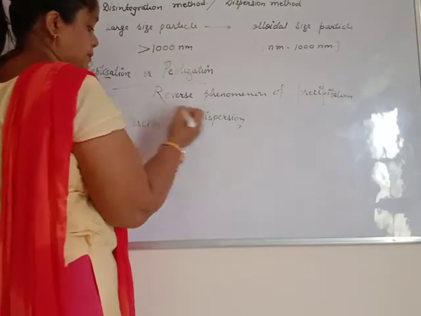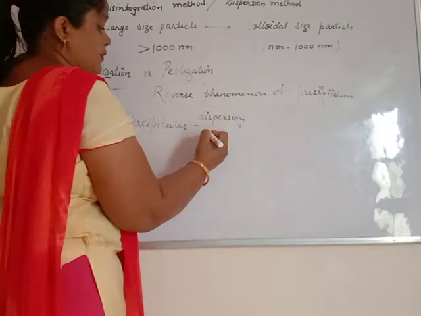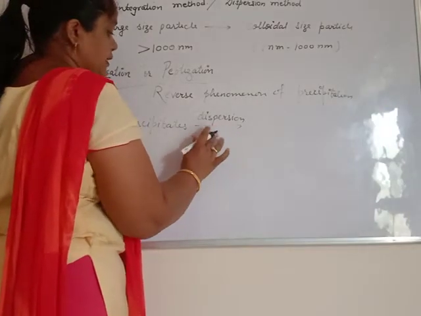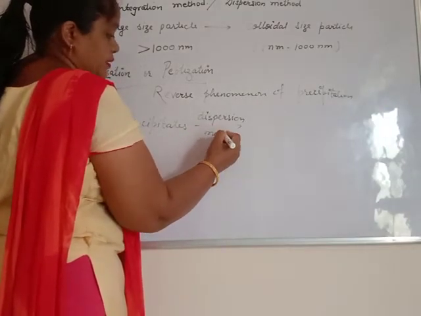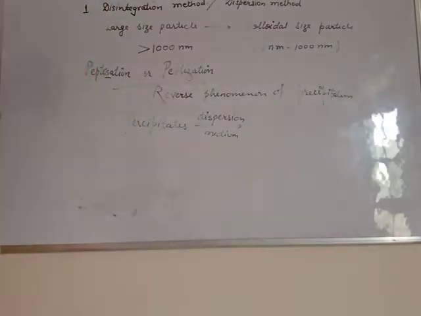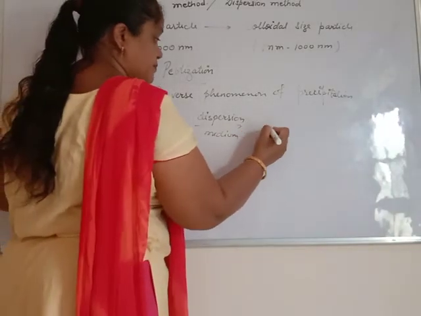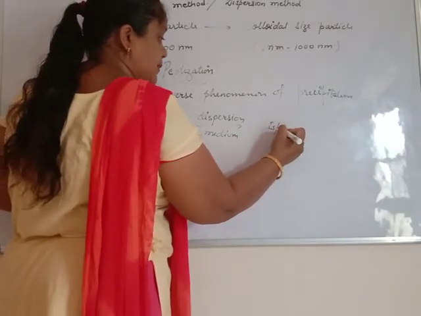Freshly prepared precipitates try to be dissolved in the dispersion medium. In the dispersion medium, these precipitates appear to be dissolved, but they can be seen by scattering of light. That means they are only dispersed.